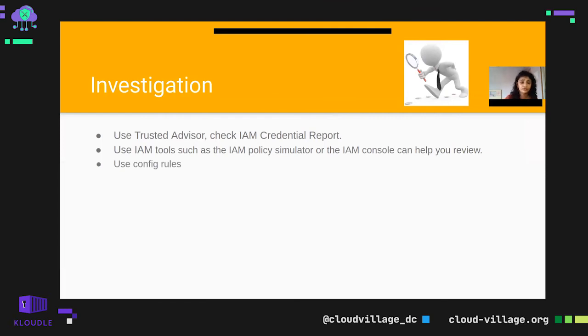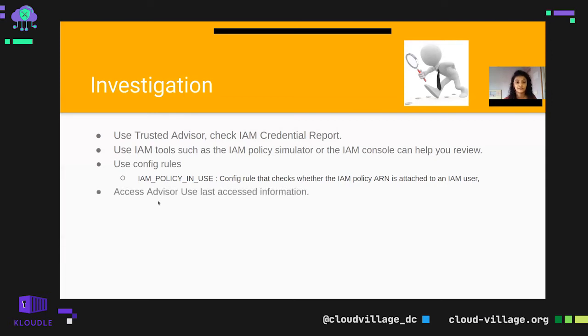Use Config rules to see what policies are in use, so you can use the rule IAM policy in use, a Config rule that checks whether the IAM policy ARN is attached to an IAM user, right? I specifically mention this rule because it is related to our attack scenario. You can apply many rules, I just mentioned one of them.